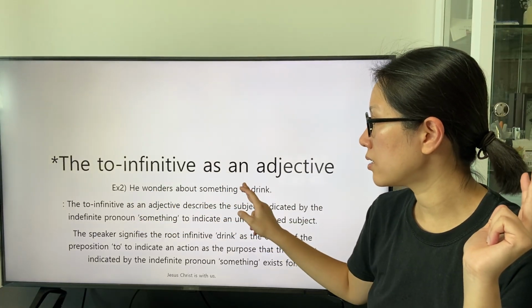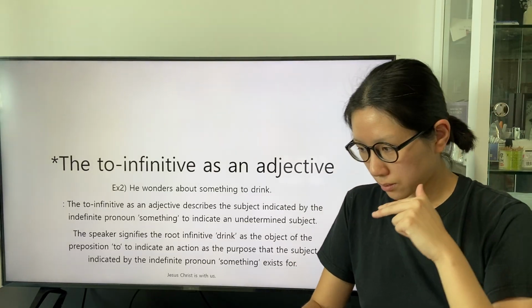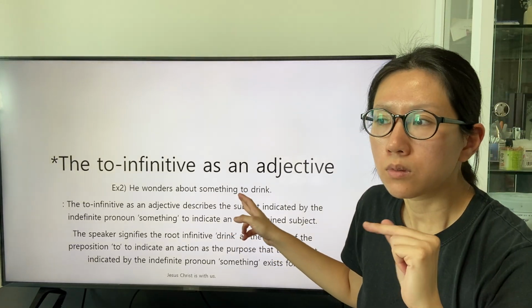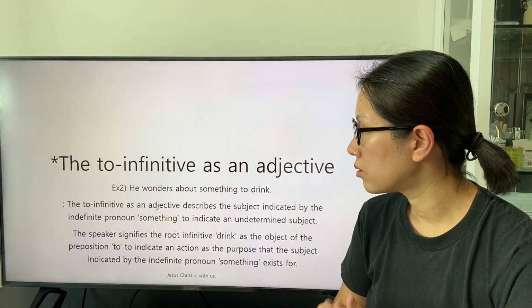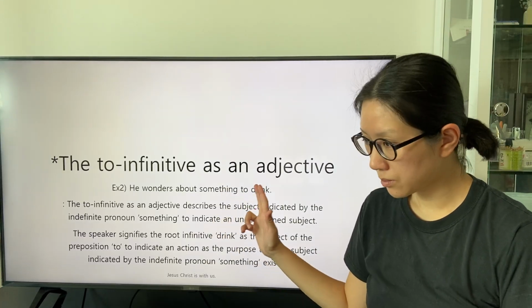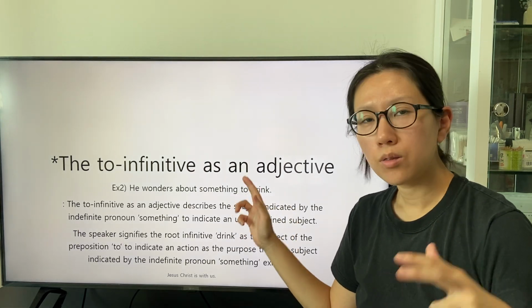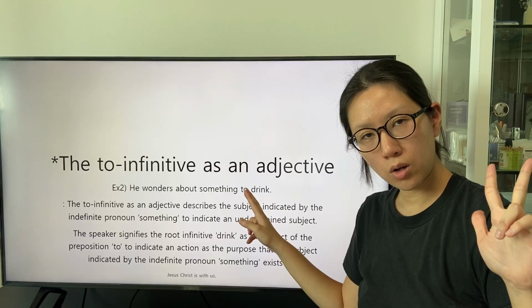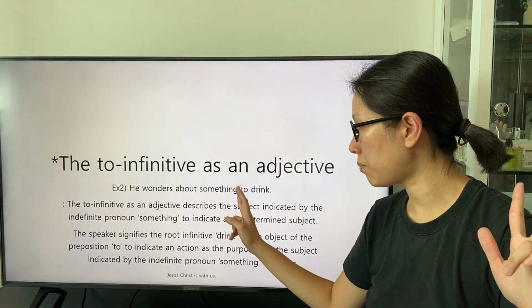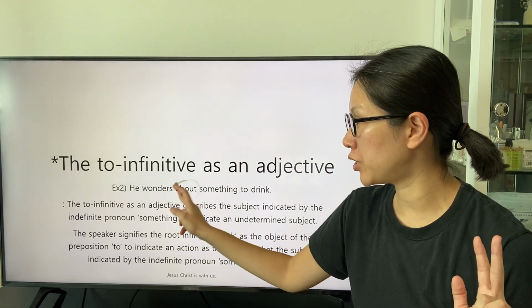So we can understand that the subject is the indirect subject of the preposition to via the other preposition about.